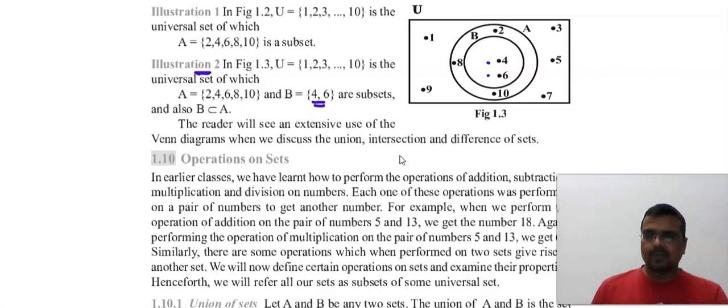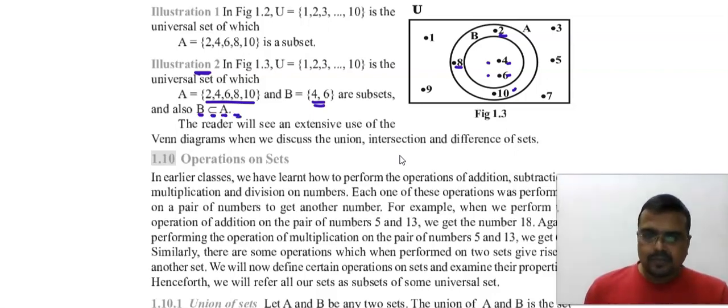That is a part of set A. So 2 and 8 and 4 and 6 and 10, all inside the circle A, are part of A. Because B is a smaller part of A, we can say that B is a subset of A, right? Subset means a smaller portion of that.